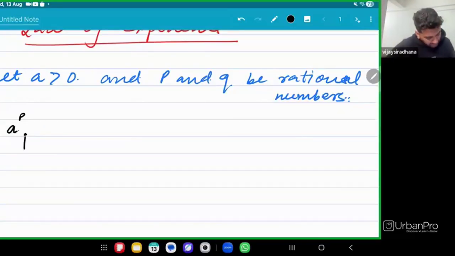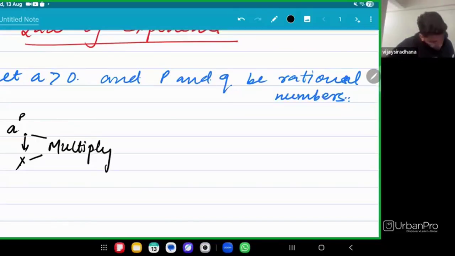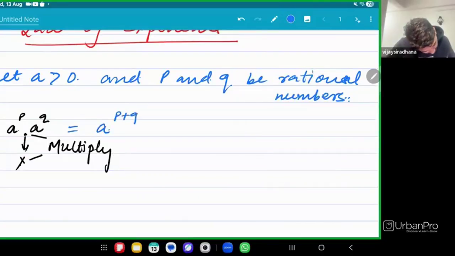So dot is nothing but multiply. So a to the power of p dot a to the power of q, we can write as a to the power of p plus q.